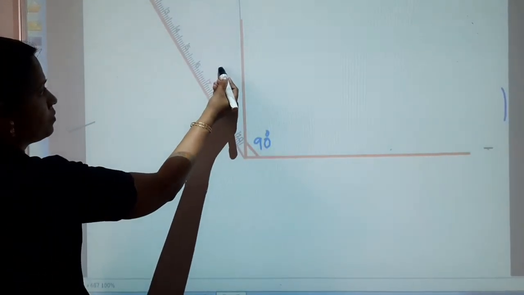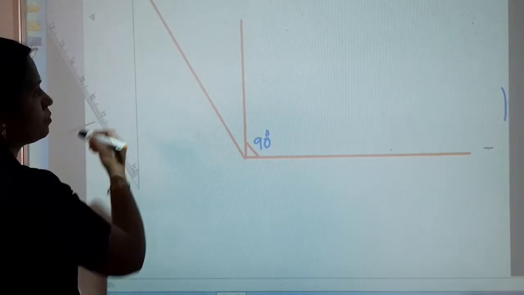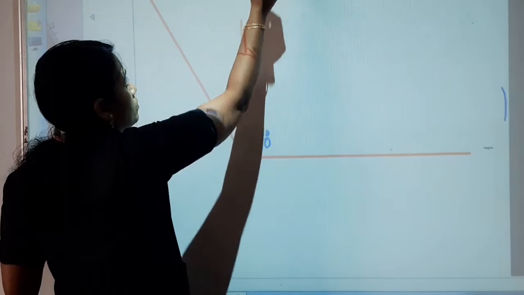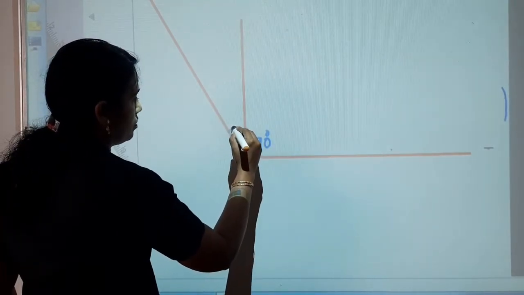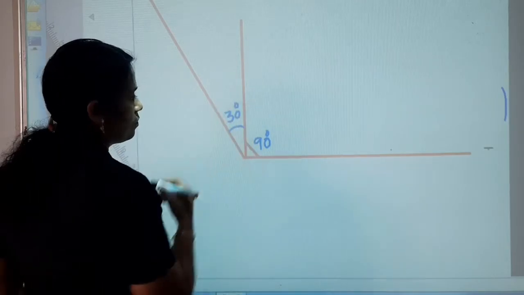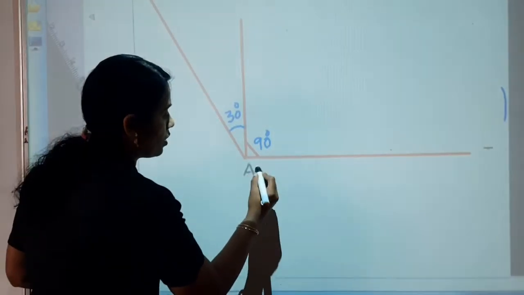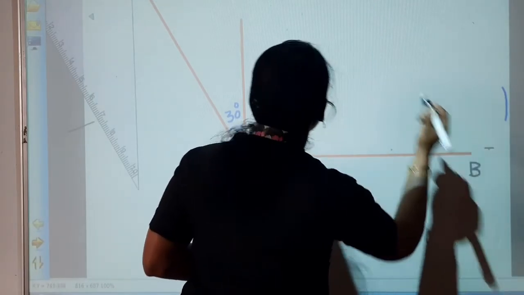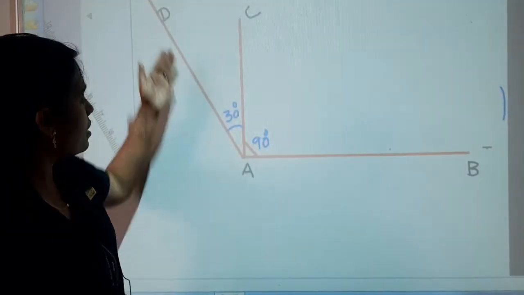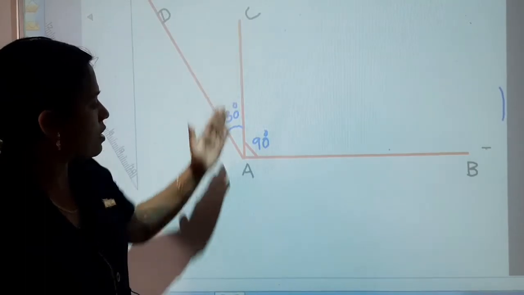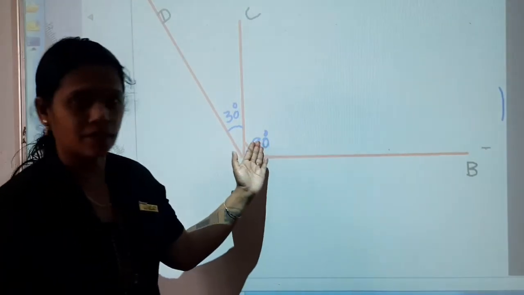So angle 30 degree. We can give names to the angle. Here angle DAC 30 degree, angle CAB 90 degree.